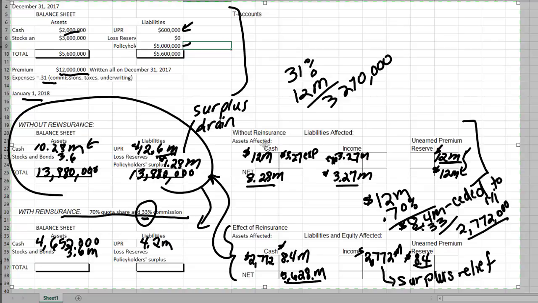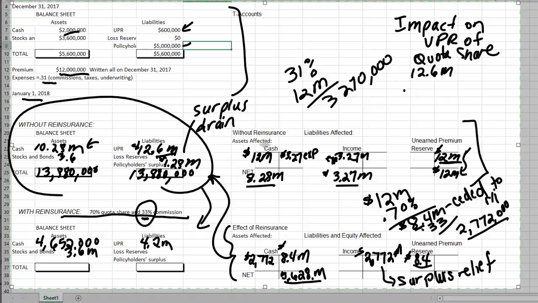Here, I'll do it up here. Impact on unearned premium reserve of quota share is $12.6 million minus $8.4 million. And that's $4.2 million. So we've really reduced our written premium, which means that we've actually increased our capacity.